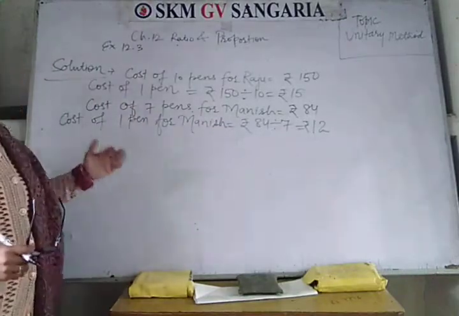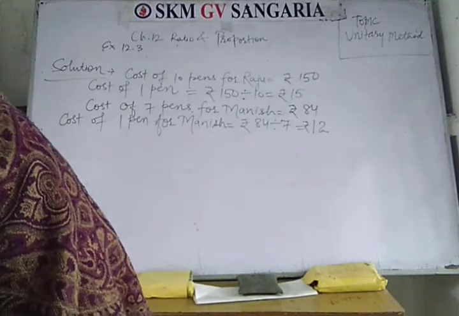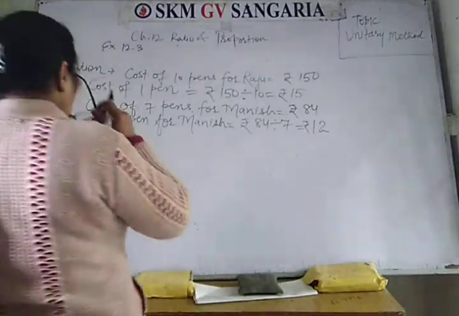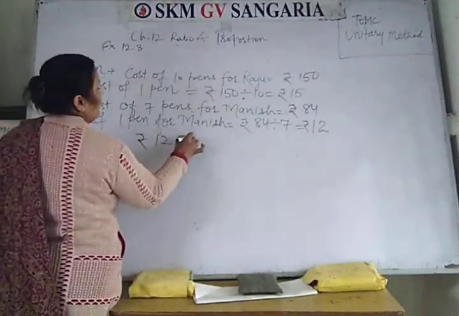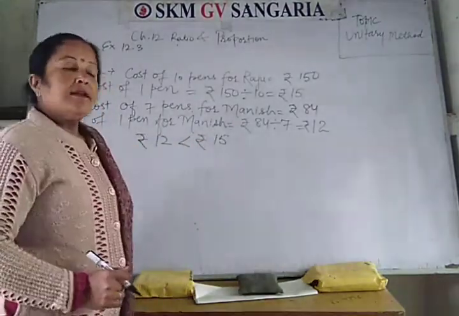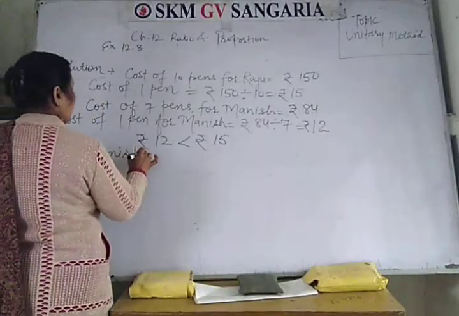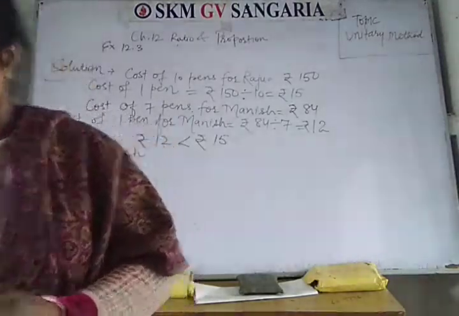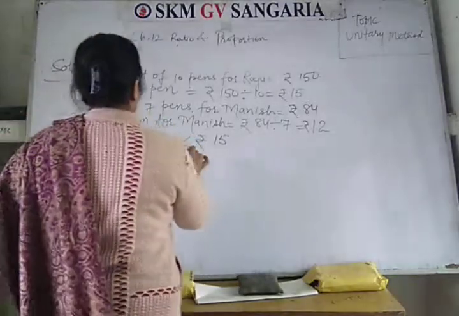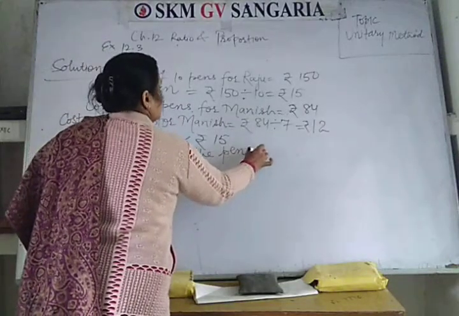So for whom is the pen cheaper here? According to the question, who got the pens cheaper? You know rupees 12 is less than rupees 15. Means Manish got the pens cheaper.